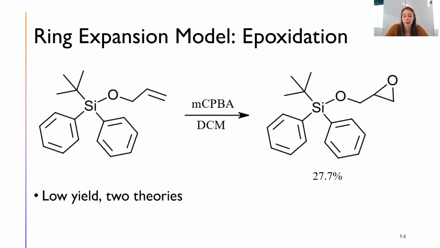Instead, we have a mixture between the protected alkene and the protected methanol. Since we don't know exactly how much of the alkene we have, the numbers that we're using to predict how much of the epoxide we should get might be off. We might be overestimating how much we should see.